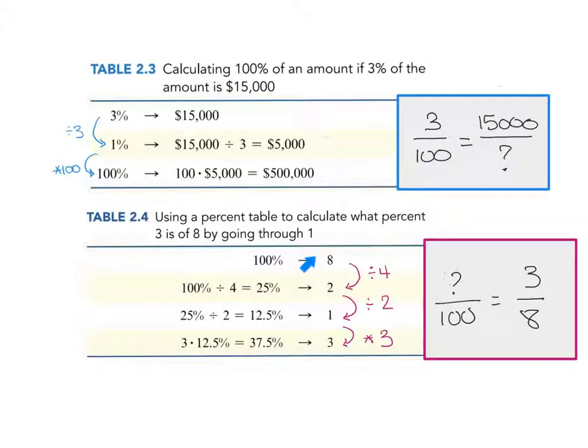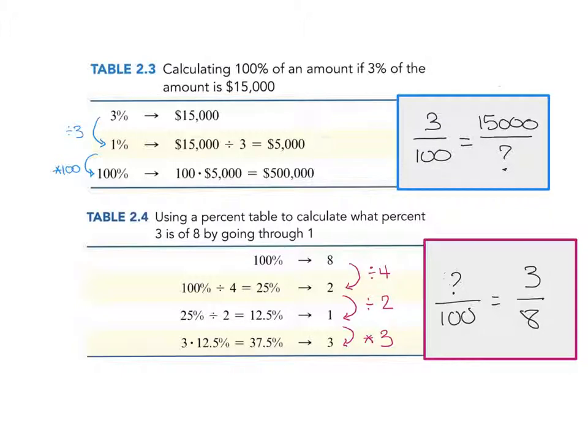So one way to do that is go from 8 divide by 4 and get 2. That would give us what 25% is. Then it's easy to go to 1. So from 2 to 1, we just divide by 2, and half of 25% is 12.5%.